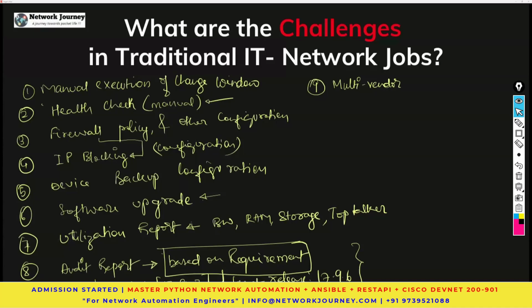But with an automation script, you can do it along on different multi-vendor platforms in a single script itself. So this also saves a lot of your time, and the script will perform all the changes or any configurations that it has to do. So automation does support multi-vendor as well.